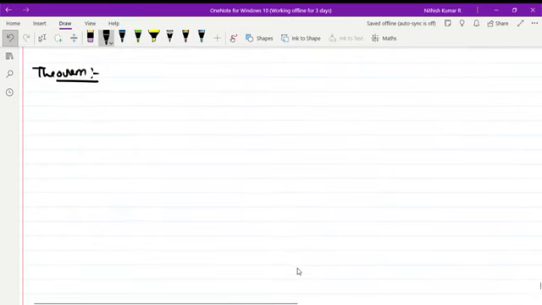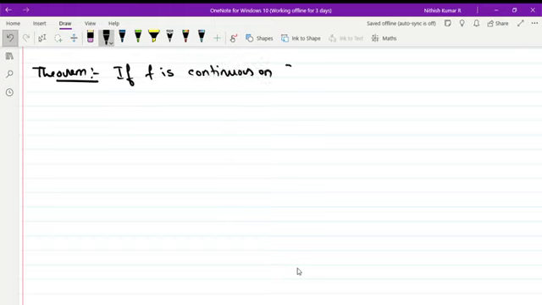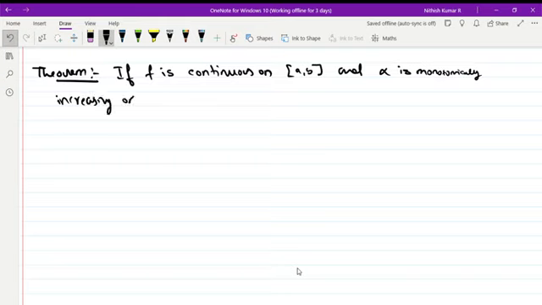It says that if f is continuous on the closed interval [a, b], and alpha is monotonically increasing on [a, b], then f belongs to R of alpha on [a, b].